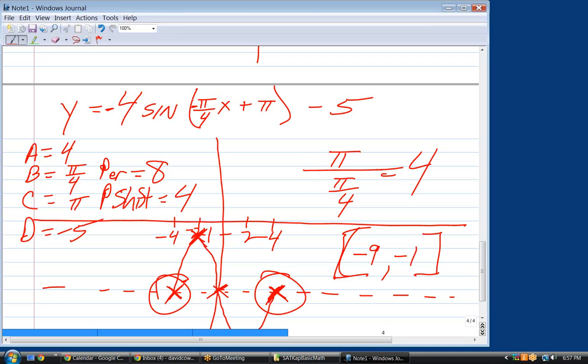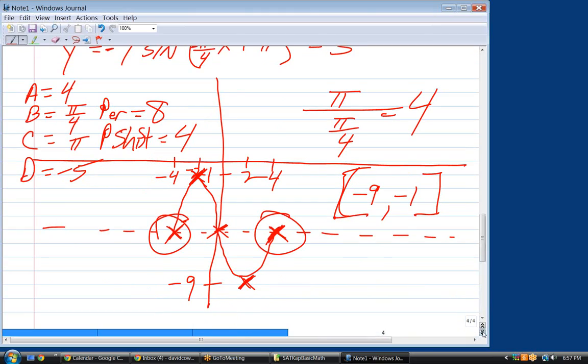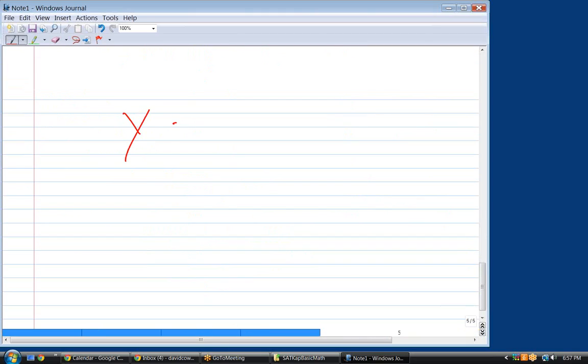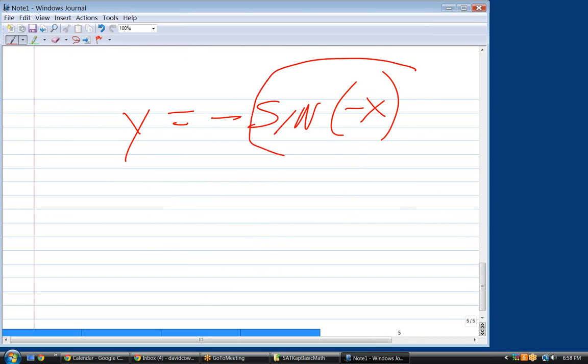Or use the property of the fact that sine is an odd function. In other words, if I gave you y equals negative sine of negative x, well, I know that the sine of negative x is negative sine x, so negative negative, this whole thing would turn into sine x.